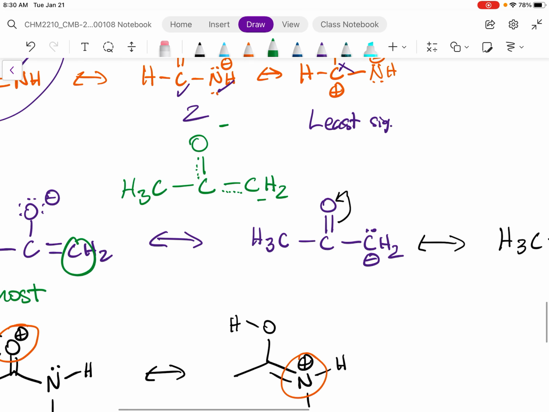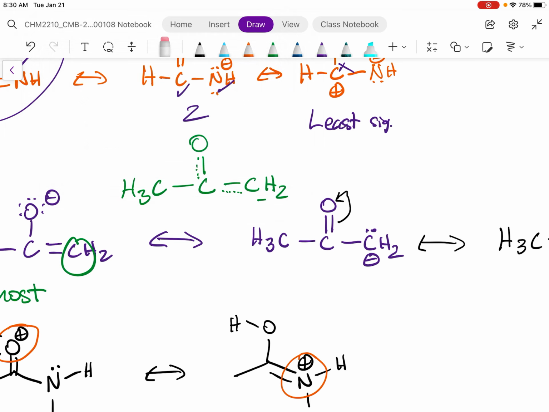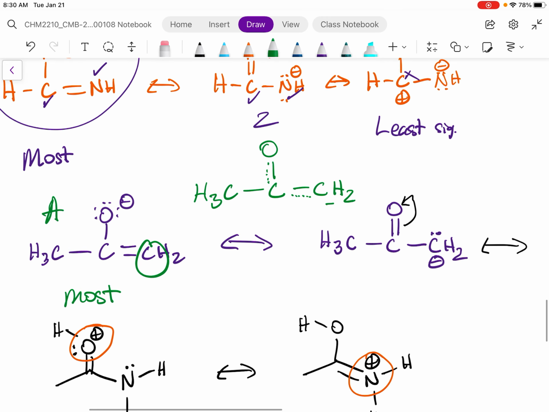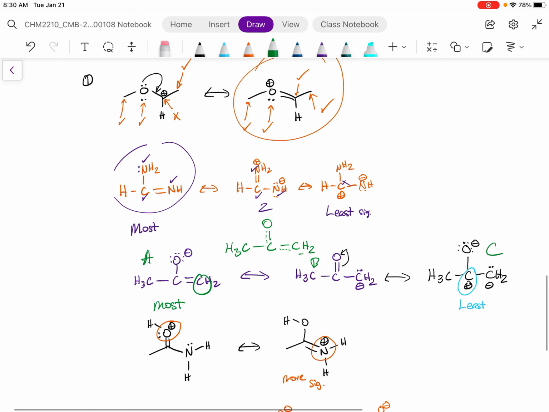Because the first 2 resonance structures are the most significant, we're going to put a large partial negative. Okay. Well, let me take a step back. Let's analyze this a little bit better. When we look at these resonance structures, A is the most significant, B is the second, and then the third one's the least.